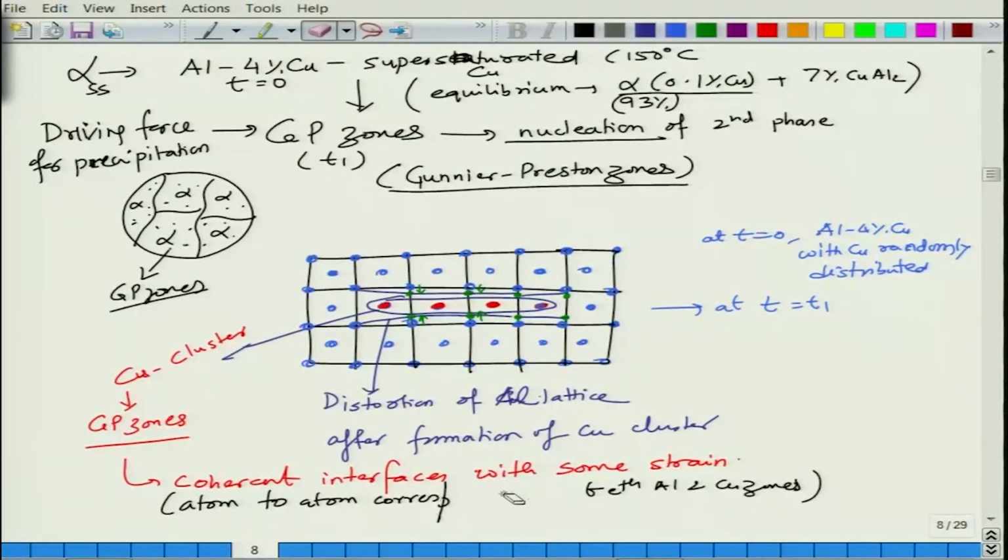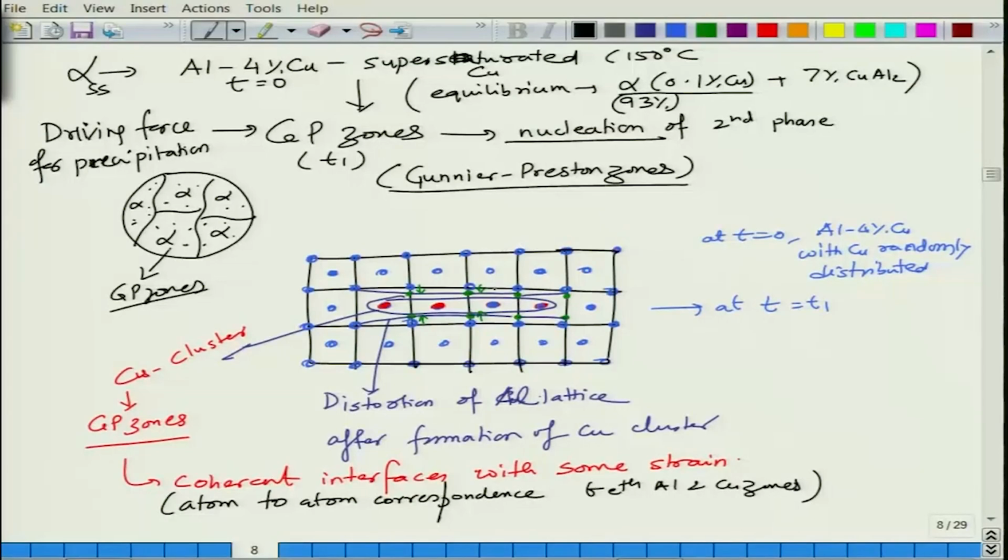Let me just wipe it a little bit. But since aluminum and copper have different lattice parameters, or different atomic sizes, they lead to some sort of strain. So there is a strain at the interface which leads to formation of these coherent zones. As a result, this coherency strain basically obstructs dislocations.